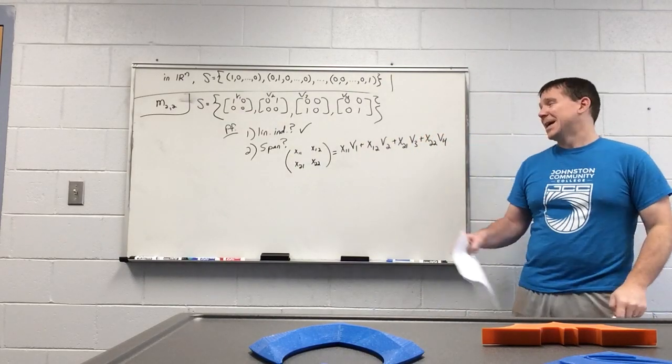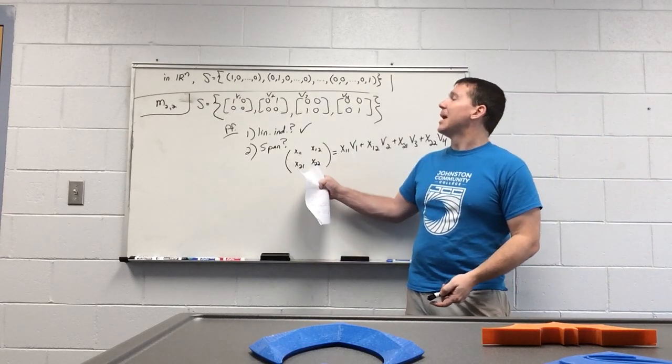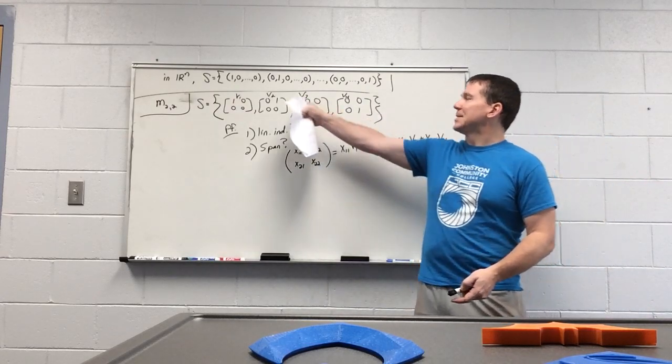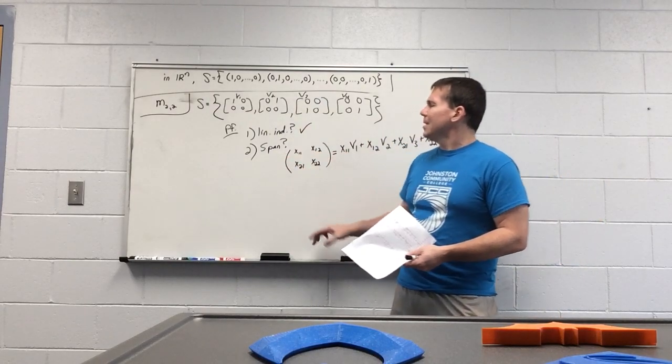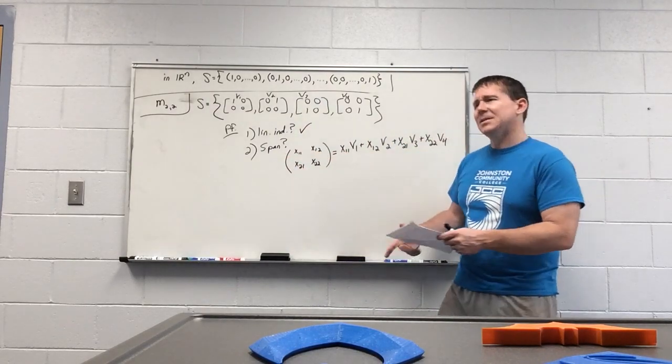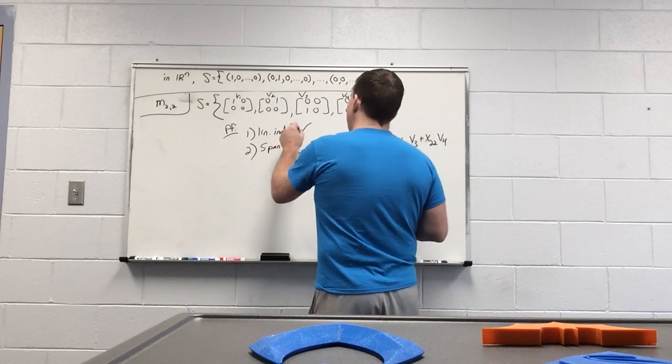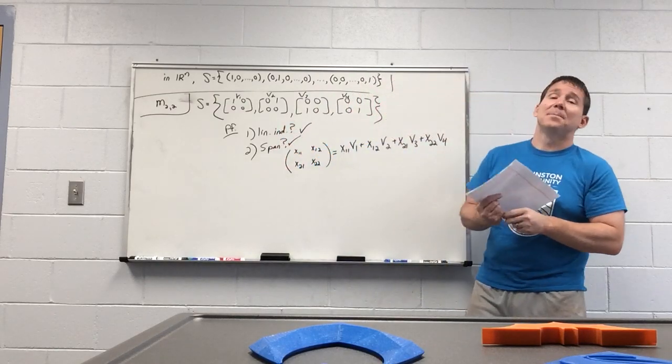So clearly, any vector in M22 can be written as a linear combination of those. Which means that it will span M22, and that's a basis.